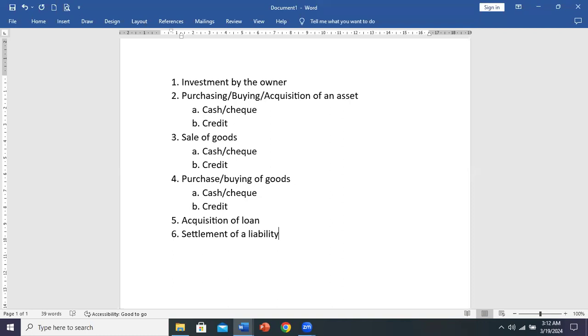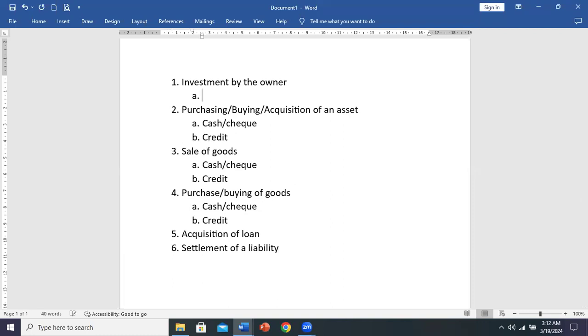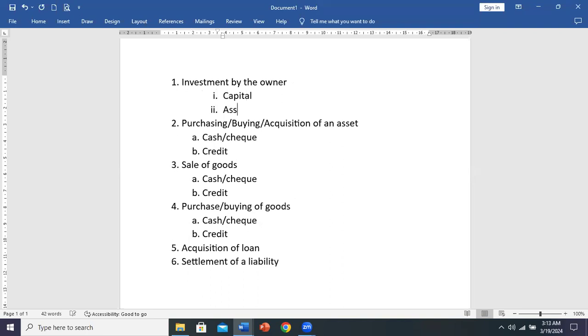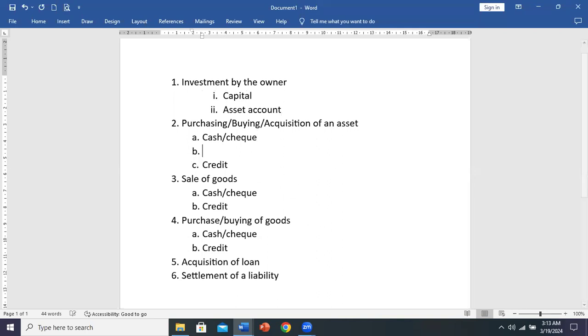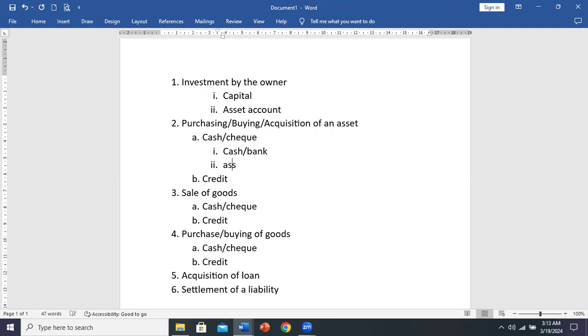Okay, so investment by the owner, quickly, we said that this will lead to capital account and then asset account, right? So no doubt about that. Regarding purchase of an asset with cash or check, the two accounts are the cash or bank account and then the asset which was bought.